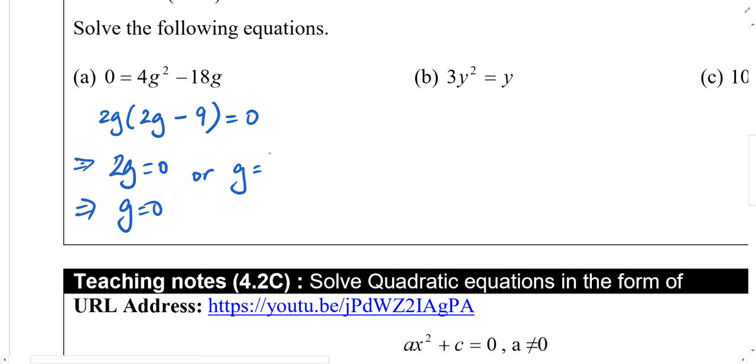Are you sure negative? Hey, come on, what's the answer? 4.5. Yeah, which is just 9 over 2. Right? Why do you look so uncertain? Do you know how to do it or not? Then be more confident. Okay, next.